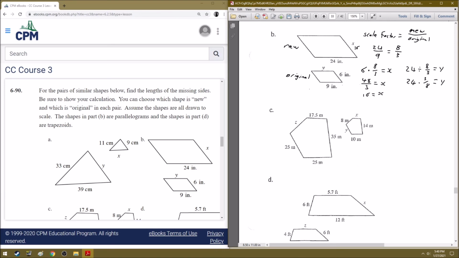So then to do that, we can do 24 multiplied by 3/8, which is going to be 72 on top, divided by 8, that'll be y. And then if we divide 8 into 72, I think that is going to be 9.